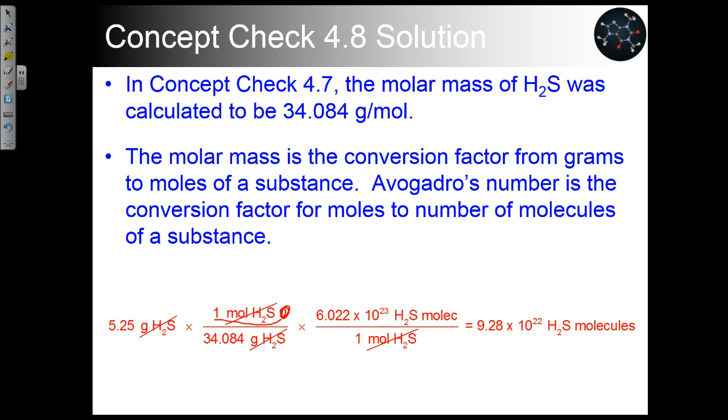So it only comes out in red. Great. Hydrogen sulfide is. That's what.